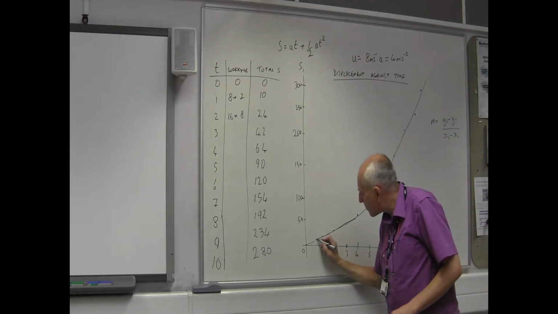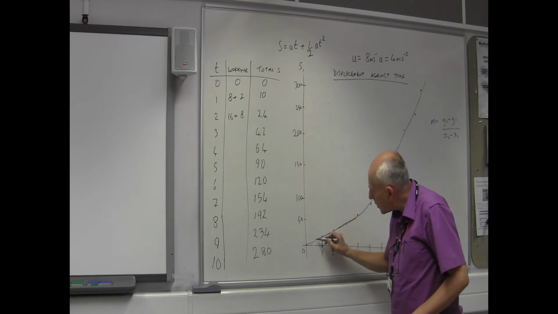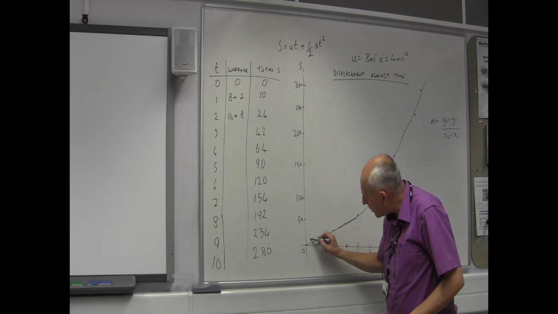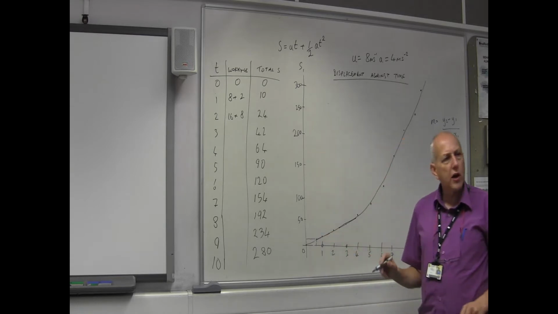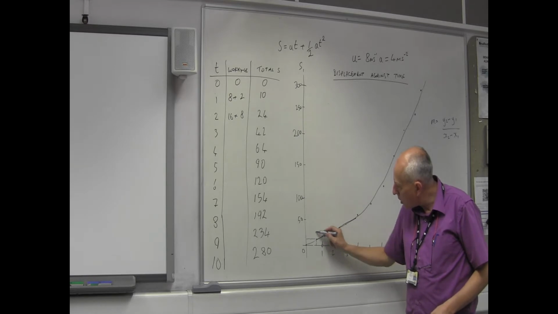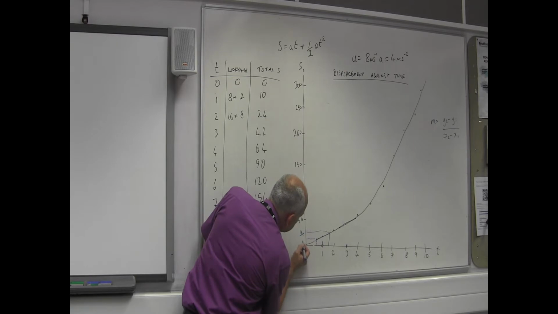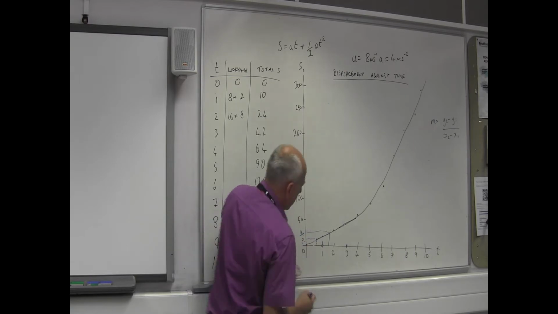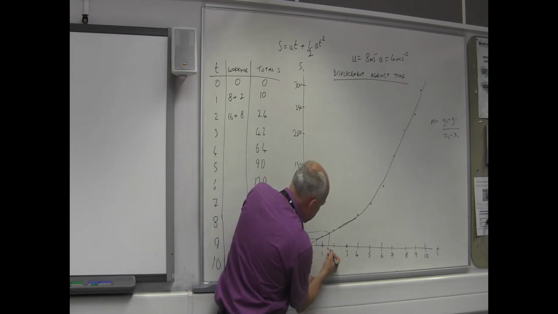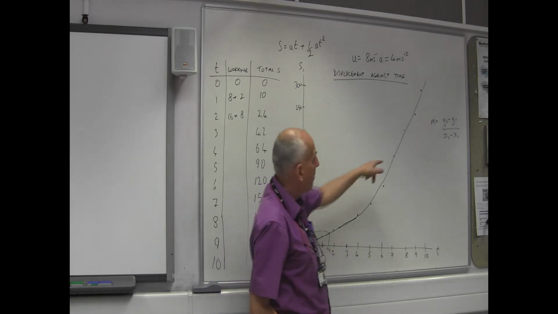So if I take this point here, this here, and this here, take them down, take them along. This is going to be a lot easier on graph paper. Take them down, take them along. So this is going to be my y2, this is going to be my y1, this is going to be my x2, x1. So I can take those numbers and put them into my formula.